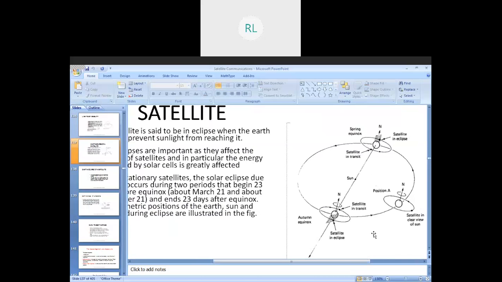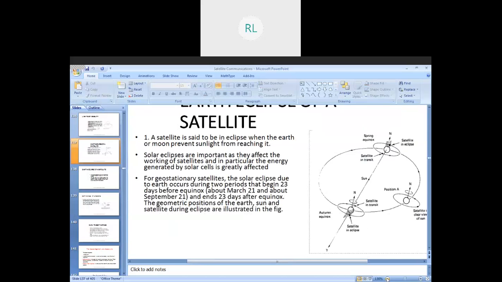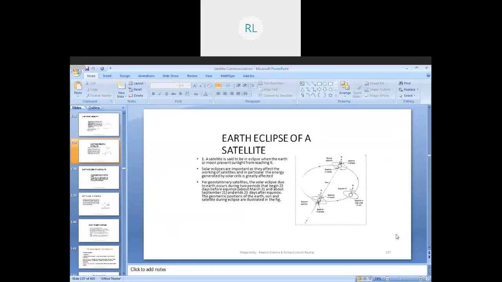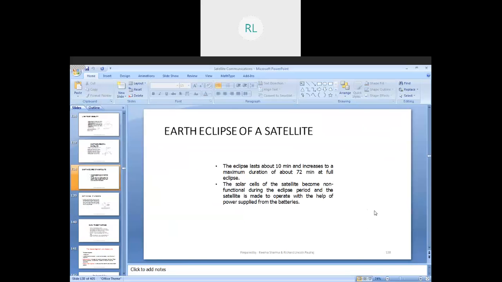Then you have the satellite in eclipse, which means it is not actually getting the sunlight. Why is it not getting the sunlight? Because it is here behind the Earth. Sun rays are coming here, and the sun rays are maximum getting dispersed at this angle. So if it's exactly behind Earth, you will not get the sun rays.